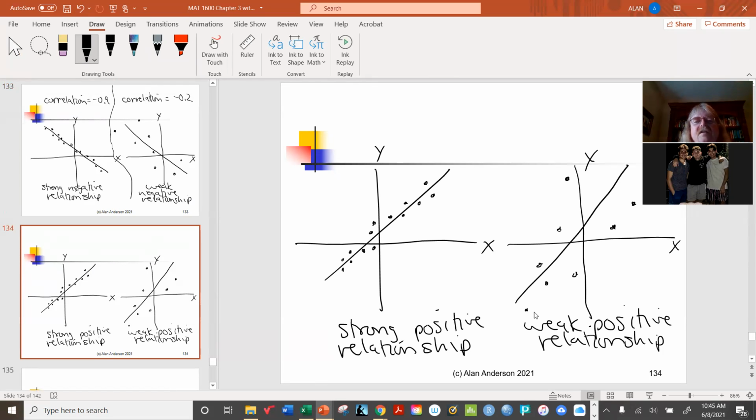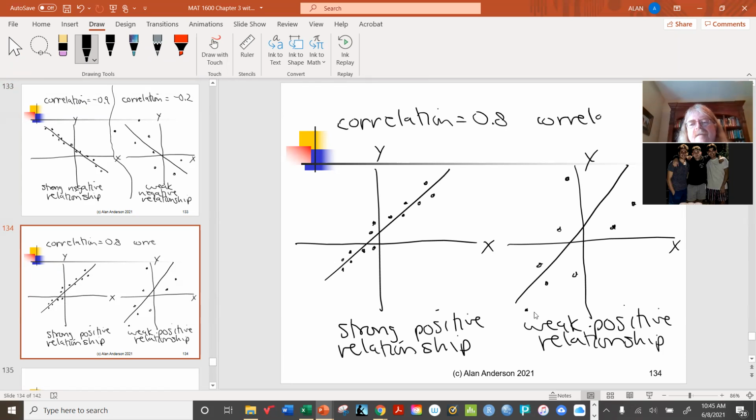And the correlation is, let's say this one, and again, I'm making these numbers up, but this one could be, for example, positive 0.8. And this one could be 0.1. And all that means is that they're both positive, but the one on the left is much stronger than the one on the right.